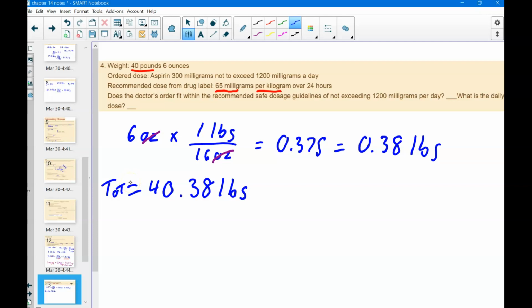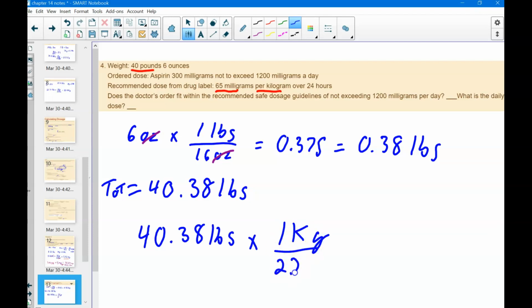Converting pounds to kilograms, we take 40.38 pounds multiplied by 1 kilogram over 2.2 pounds. So once again, it's the same calculation over and over.